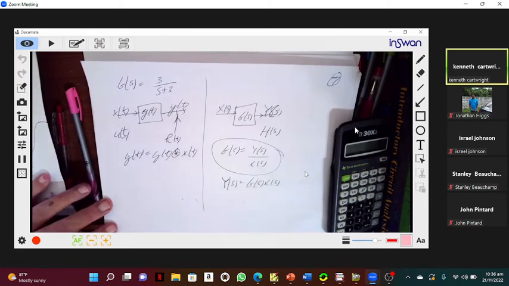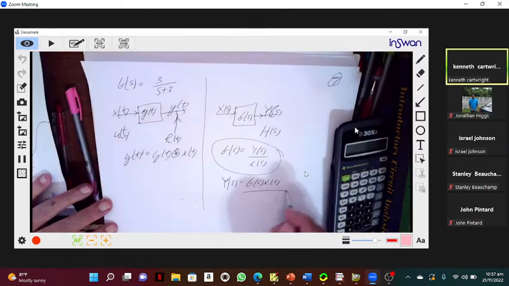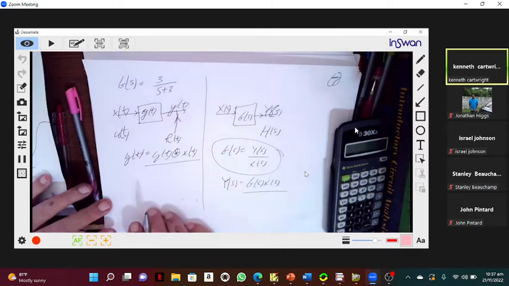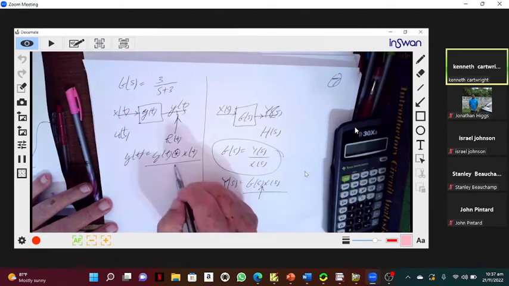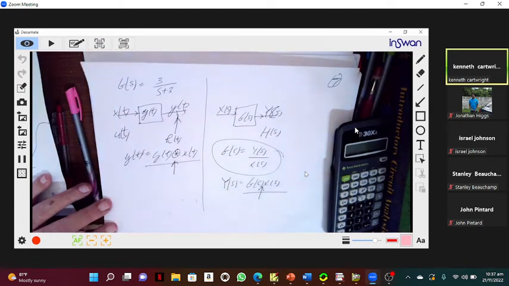I told you we don't need to know how to do convolution, but we need to know that convolution is a separate mathematical operation than multiplication. It's natural to think that because multiplication is true in the Laplace domain, it's true in the time domain, but it's not. Multiplication in the Laplace domain is not multiplication in the time domain.